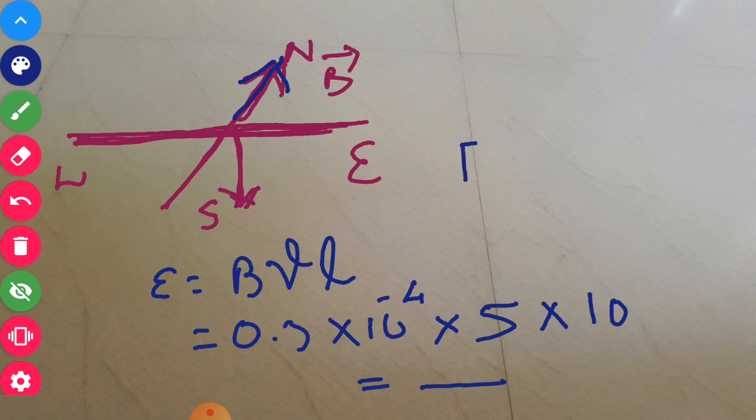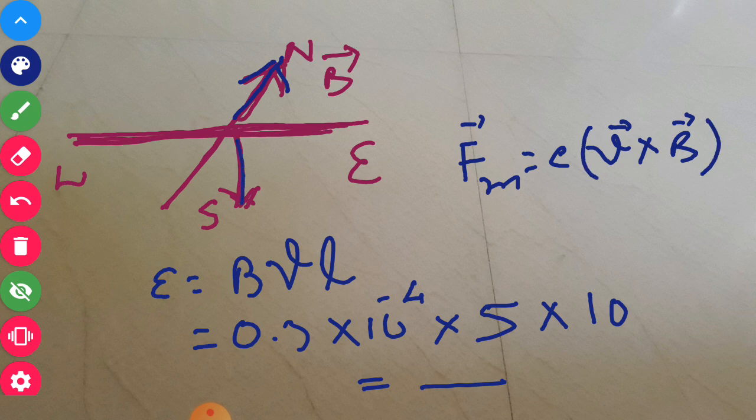The magnetic force acting on a charged particle is given by q V cross B. Now the velocity is in this direction and the magnetic field is in this direction. If you use the right hand screw rule and rotate velocity in the direction of the magnetic field, the direction of force will be towards the east if the charge is positive. But the charges experiencing the force are negative electrons, so they will experience the force in the opposite direction.